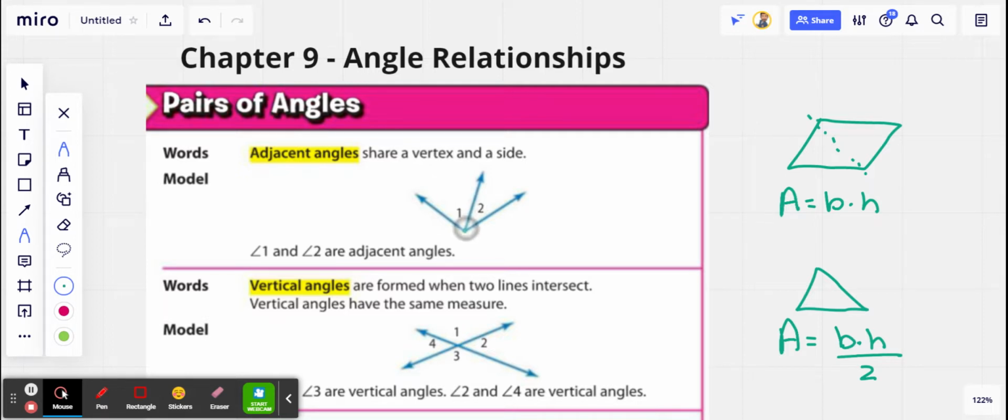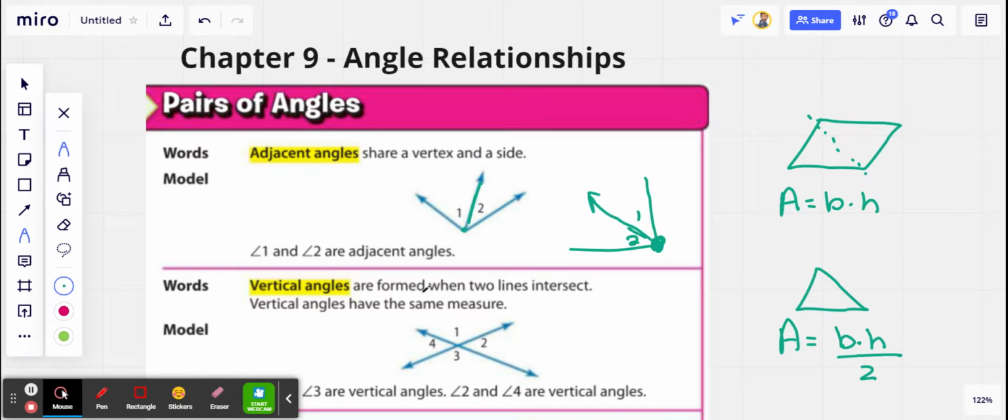They share this vertex right here, and they share this side right here. That's why they are adjacent angles. If we were to draw it like this, angle 1 and angle 2 would be adjacent. They share a vertex and a side.